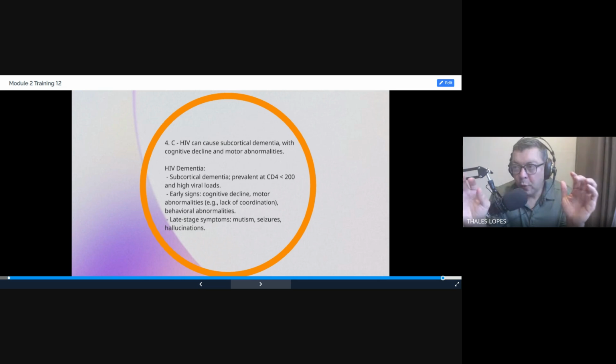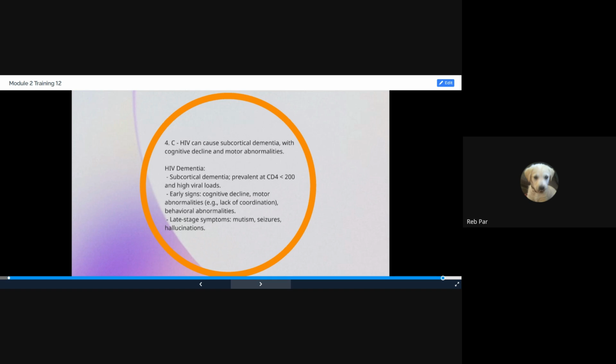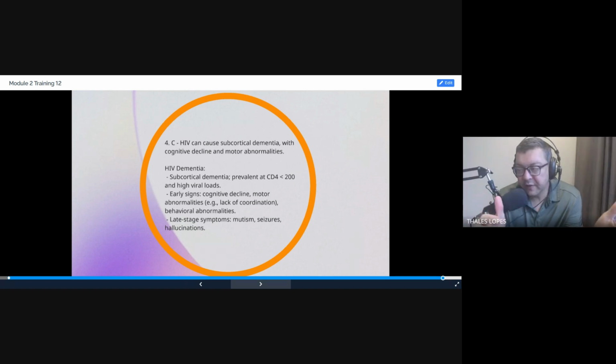And remember, every time we have an HIV patient or a drug user that does injections, the first thing we want is to collect an HIV lab. If we have someone with HIV, the first thing we want is confirmation.